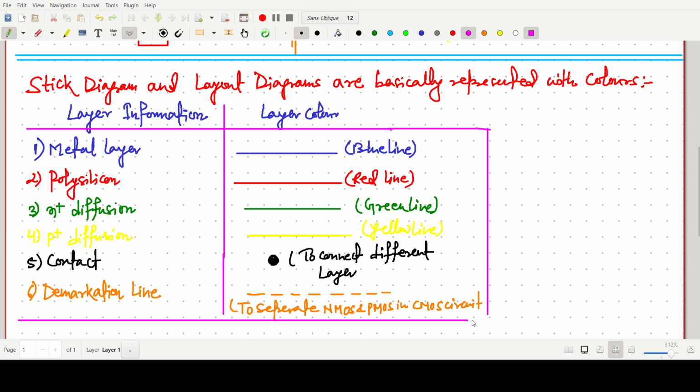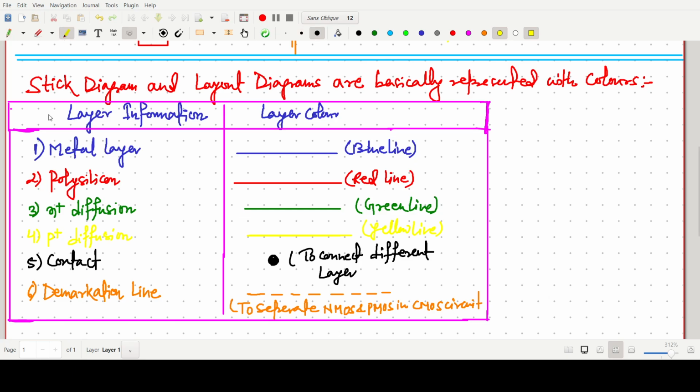Once again I am repeating: the metal line is represented with the blue color, the polysilicon line with red color, and N plus diffusion with green color. P plus diffusion is yellow, contact is a black dot, and the demarcation line is simply to separate NMOS and PMOS. So this is one important piece of information.